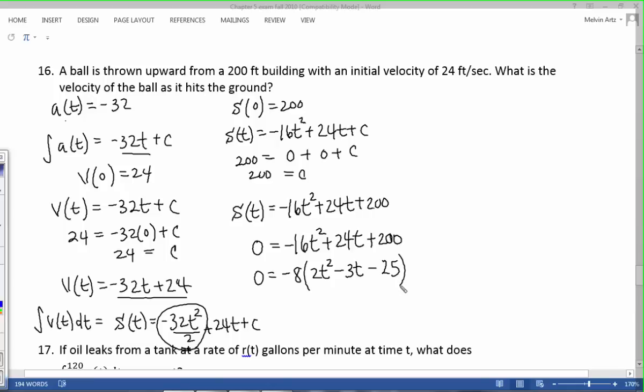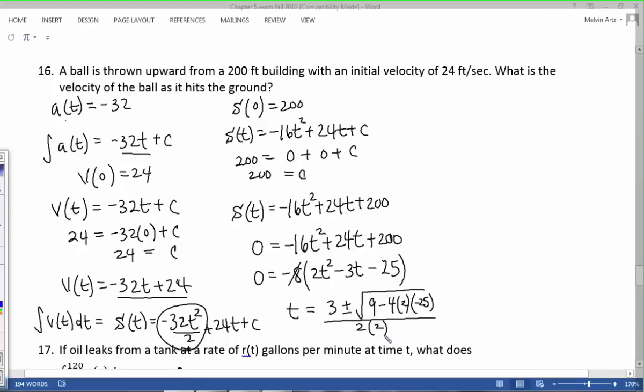So if we used our quadratic formula, we'd have t. Now the negative 8s can just be divided out. So using the quadratic formula, we'd have negative b plus or minus the square root of b squared, which would be 9, minus 4 times a times c, all over 2 times a.